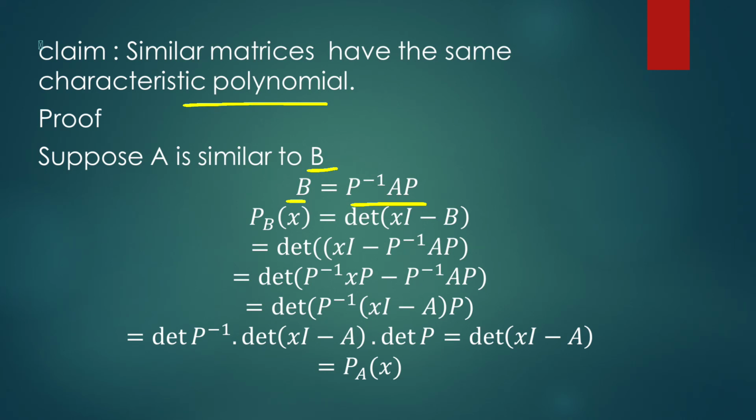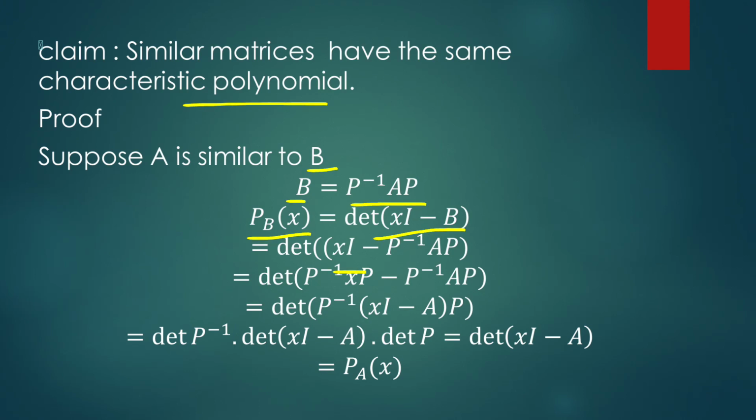Therefore, by the definition of the characteristic polynomial, the characteristic polynomial of B in terms of x is given by the determinant of xI minus B. So let's expand this.